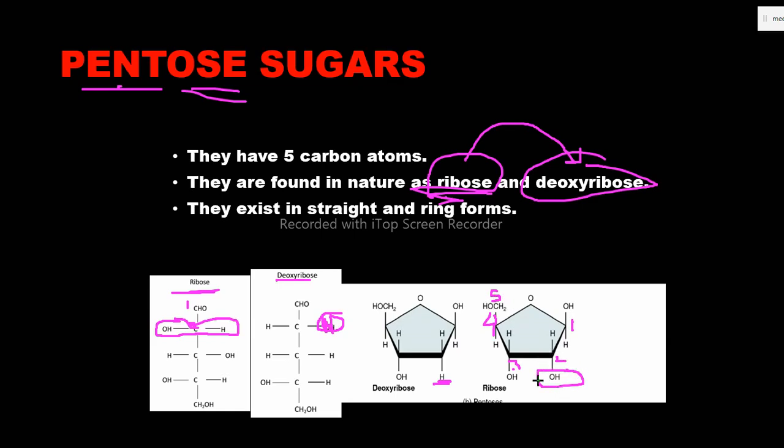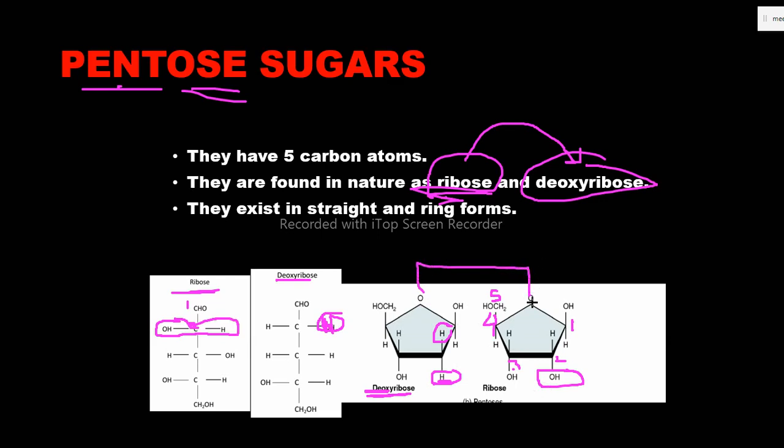You have the OH group there. But for the deoxyribose sugar, deoxy means remove oxygen. Deoxyribose does not have an oxygen atom on carbon number 2, and that's where the difference is. So these two sugars are found in totally different compounds.